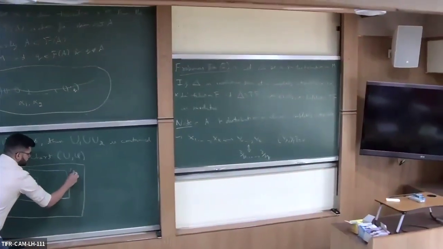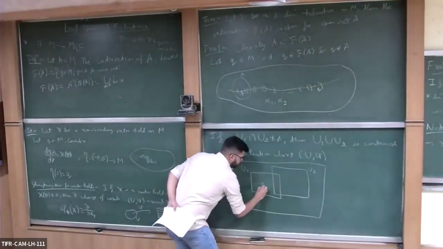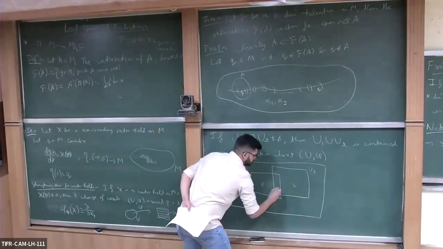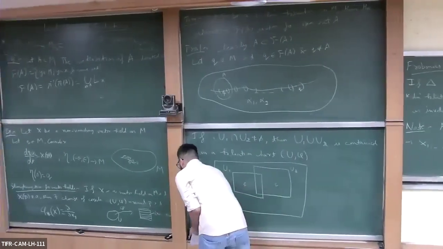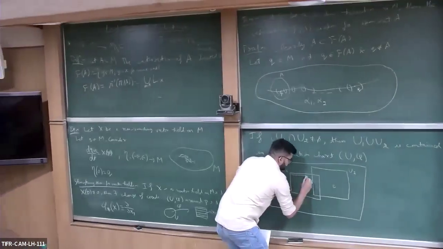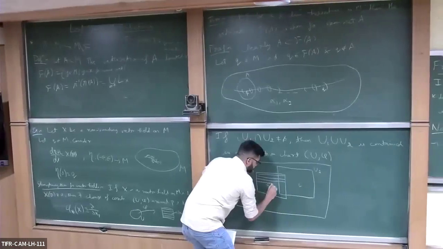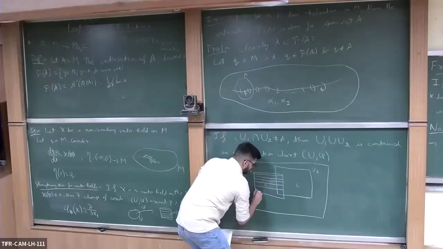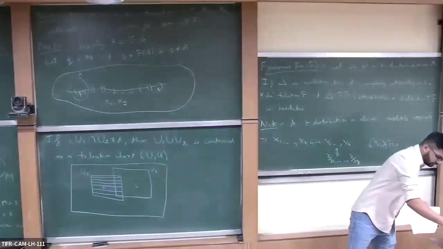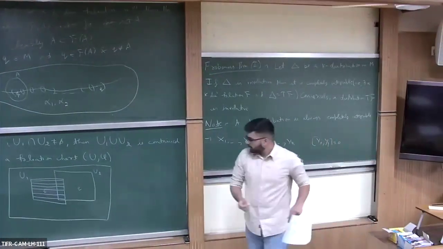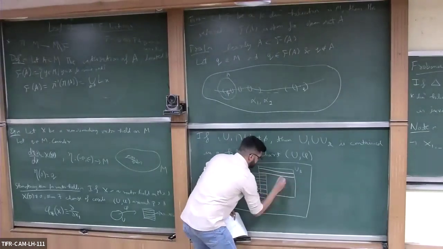This is U2, this is U1, and here is my point P, here is point Q. These are the leaves or the flakes corresponding to chart U1. And corresponding to U2, these are the flakes.